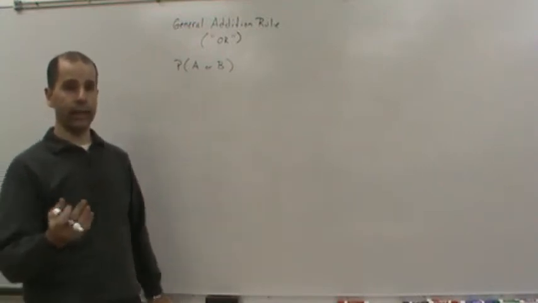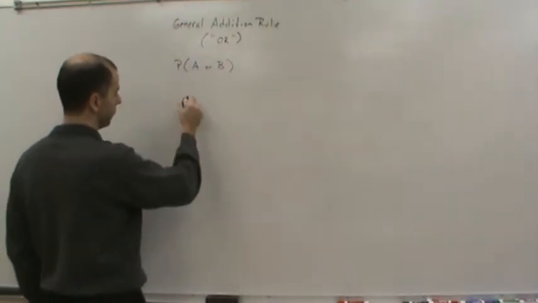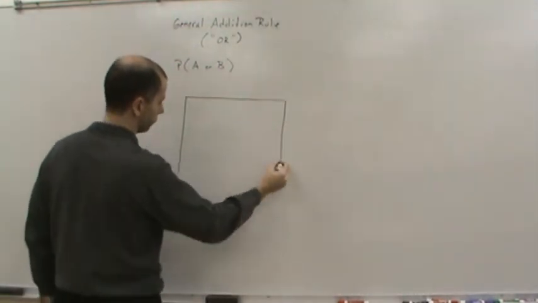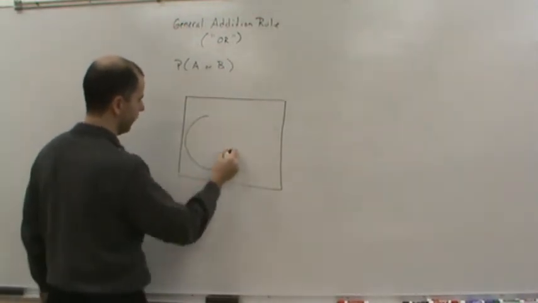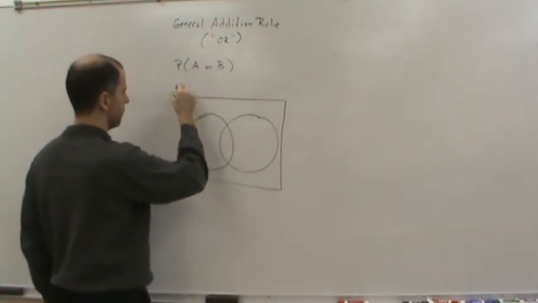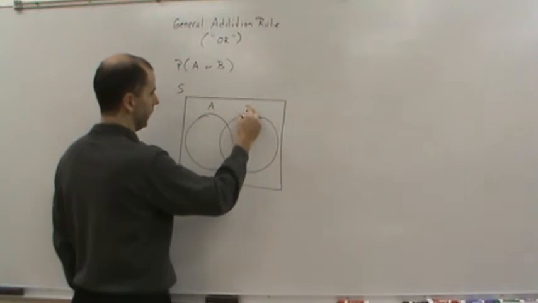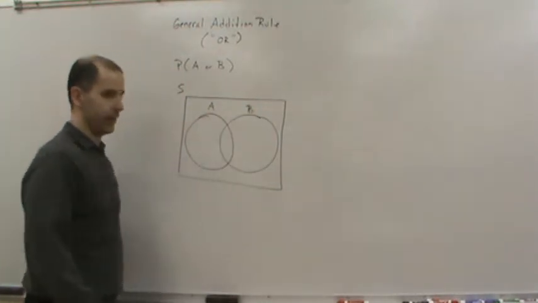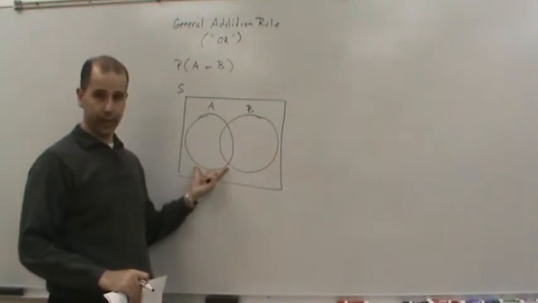One way of looking at that is to look at a Venn diagram. I'm just going to draw the general Venn diagram here. So here's our sample space, and here's A, and here's B. Anything that happens in A, then we know that A has occurred.